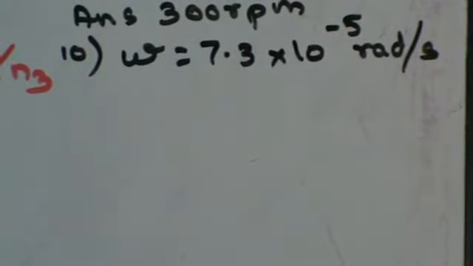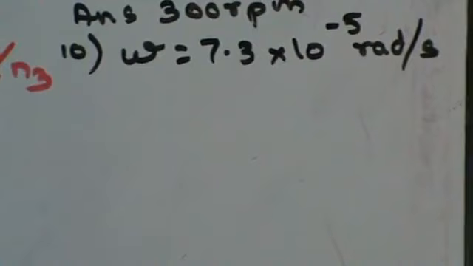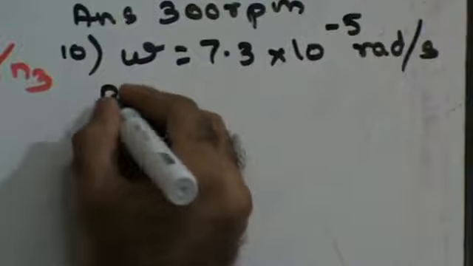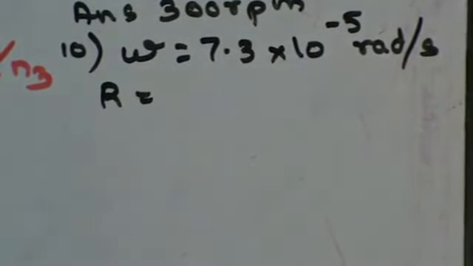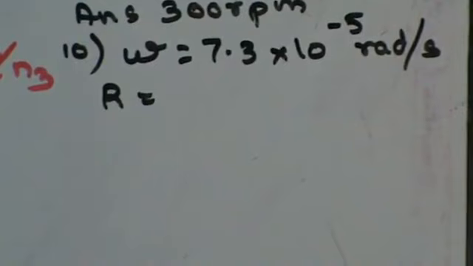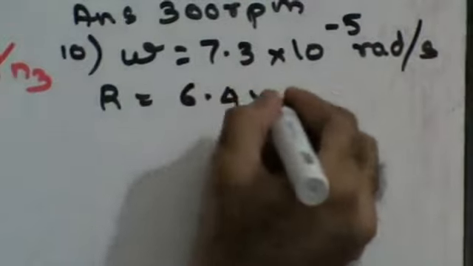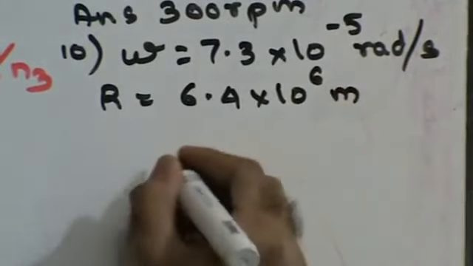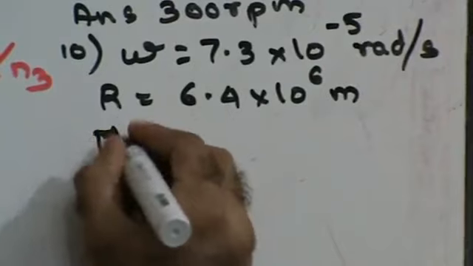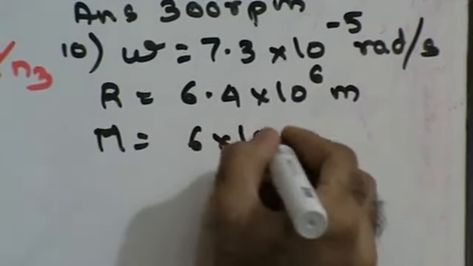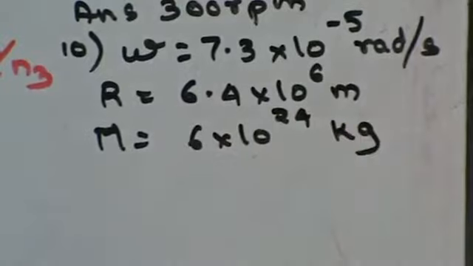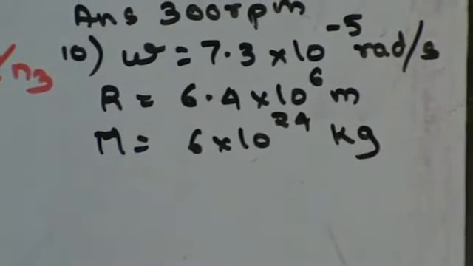Calculate the kinetic energy of rotation if the radius of earth is 6.4 into 10 raised to 6 meters and mass of earth is 6 into 10 raised to 24 kgs.